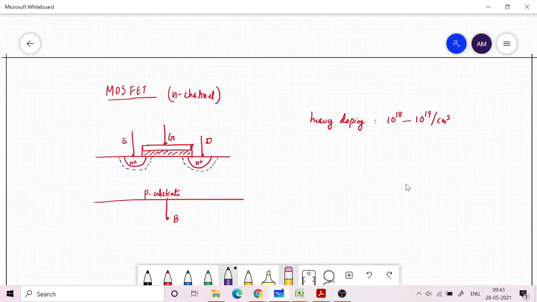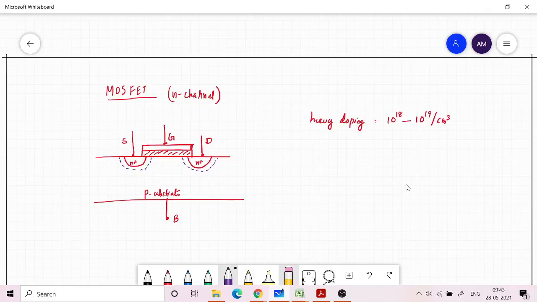It's not heavily doped, and therefore whenever there is a PN junction between two materials, where one is heavily doped and the other is lightly doped, the depletion region will mostly enter the lightly doped region. Okay, so that is as per the charge neutrality condition. That means the same amount of positive charge and negative charge will be there.